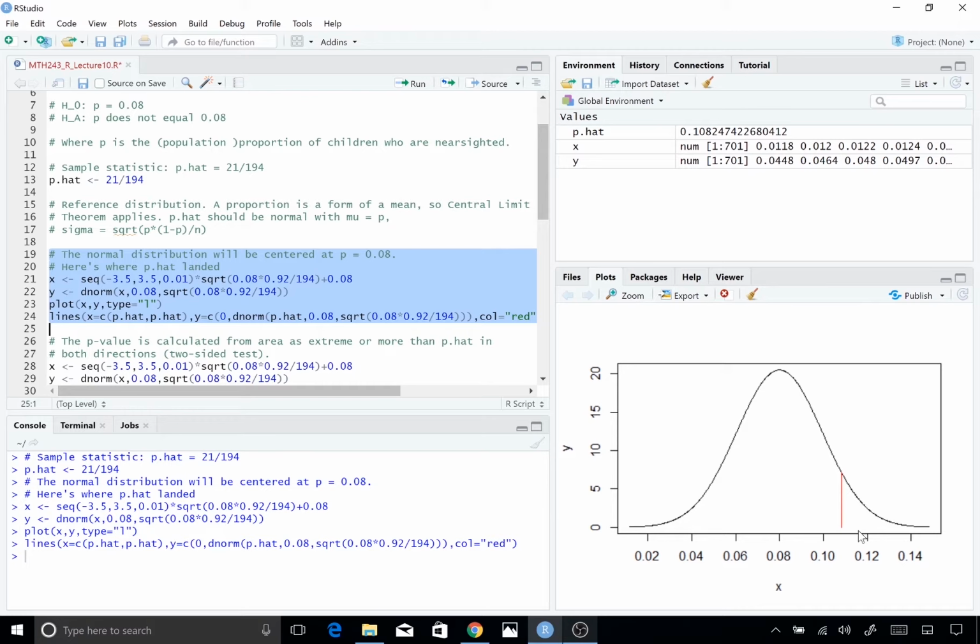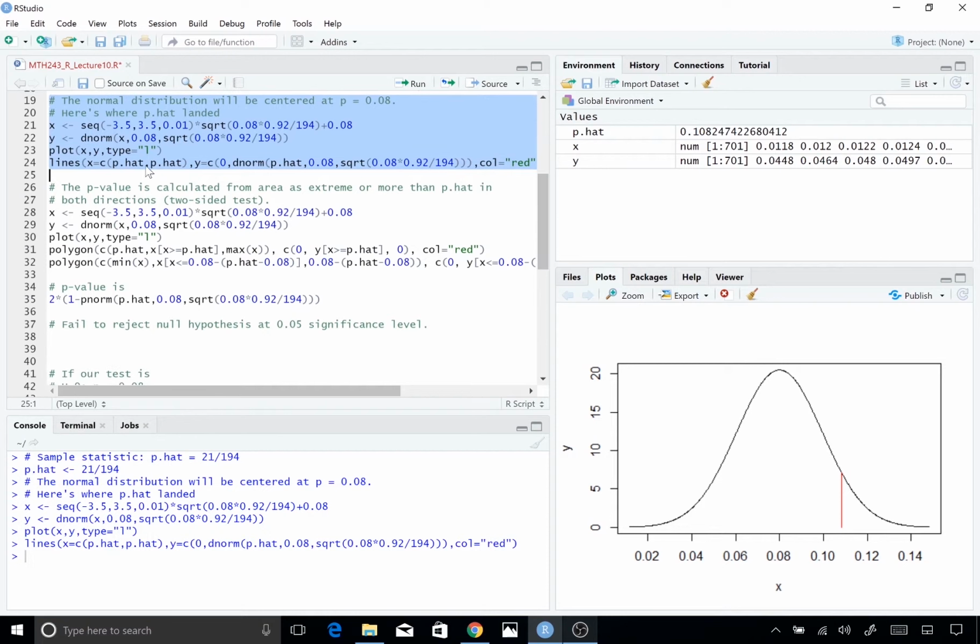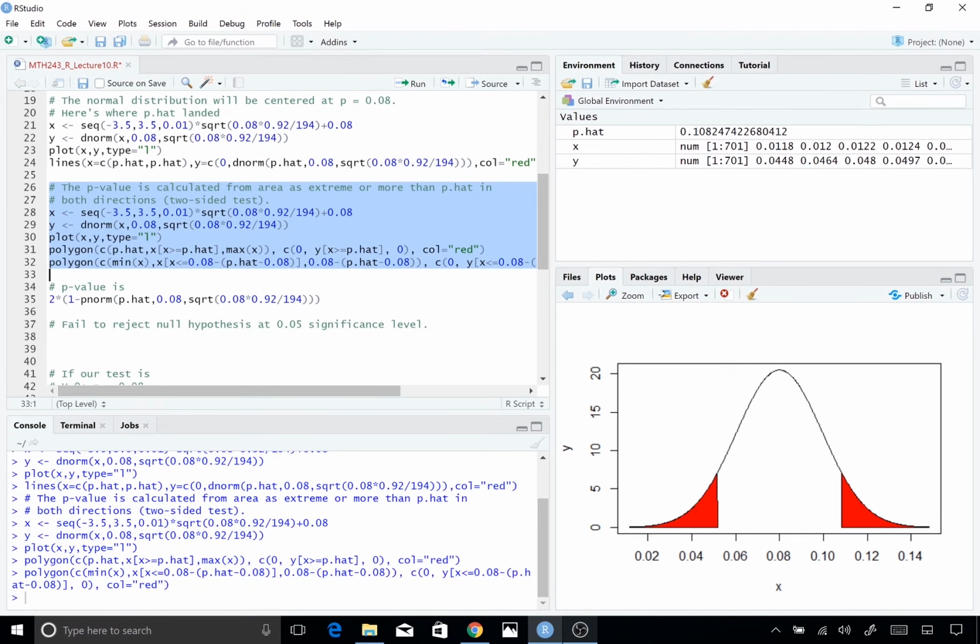The values that are more extreme than this would be the area ahead of p hat. And because it's a two-sided test, we incorporate the same area on the other side of the distribution as well. The p-value will be this area here.